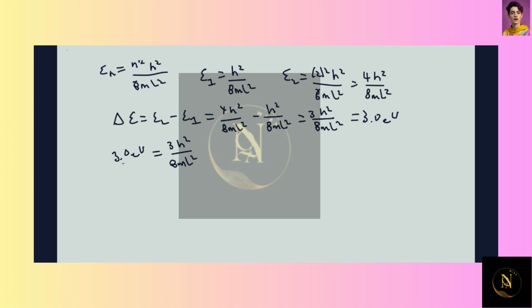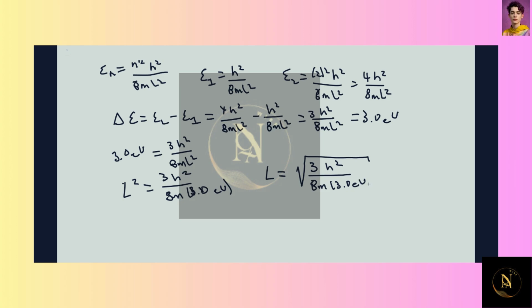All right, so now we multiply L squared over here, bring delta E over, we get L squared is equal to 3h squared over 8 m times 3.0 electron volts. Or L is equal to the square root of 3h squared over 8 m times 3.0 electron volts.